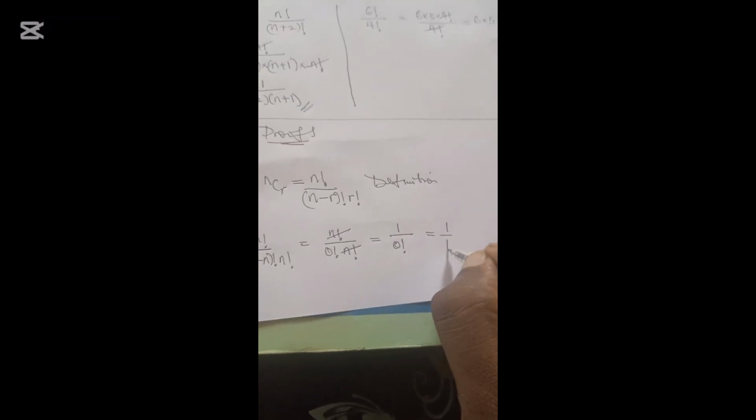We have 1 over 0 factorial, and we know that 0 factorial is 1, leaving us with 1 over 1, which gives us 1. So with these simple steps, we have shown that n combination n is equal to 1. Right? So let's see step 2 here.